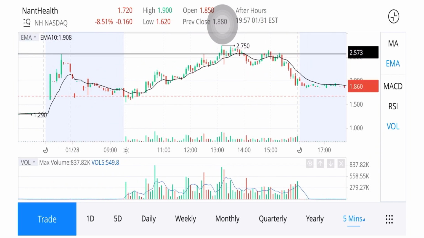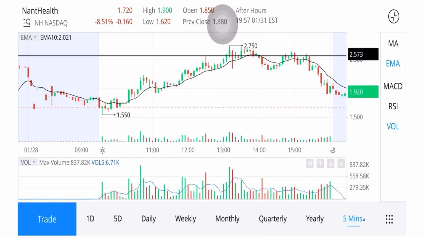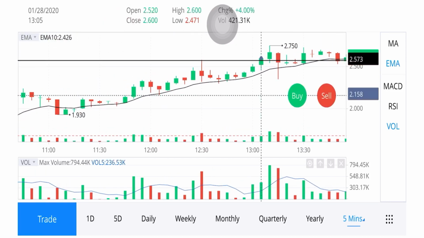That's high probability, and if you set your stop loss right over here, assuming you enter at $2.60, you set your stop loss at 2.58.